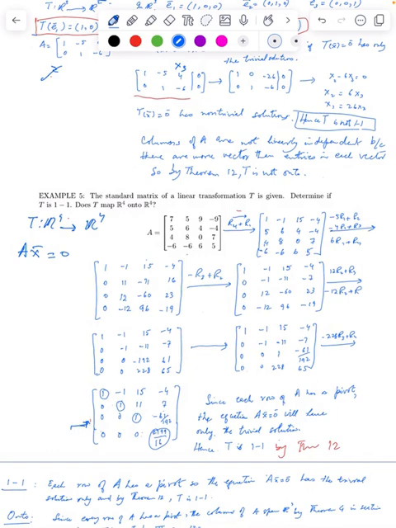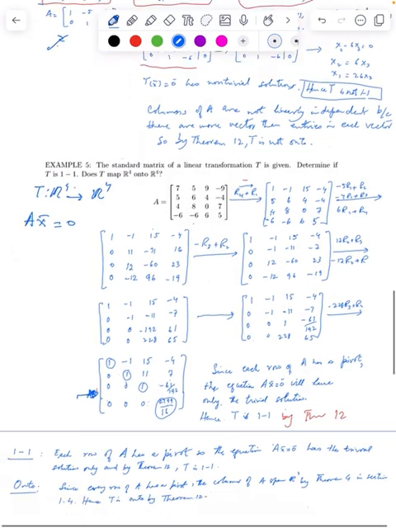Once I got to the last matrix, which is in the row echelon form, I noticed that each row has a pivot. Since each row of A has a pivot, the equation Ax equals 0 has a unique solution, and that solution is only the trivial solution.